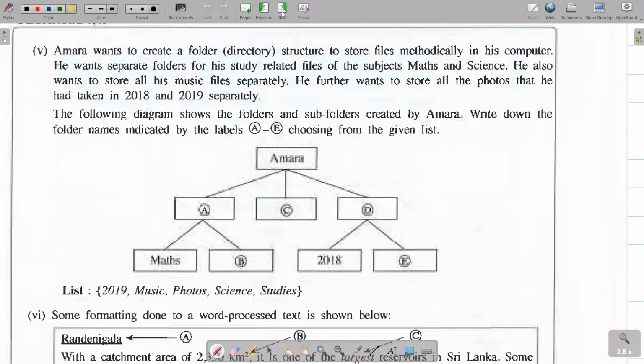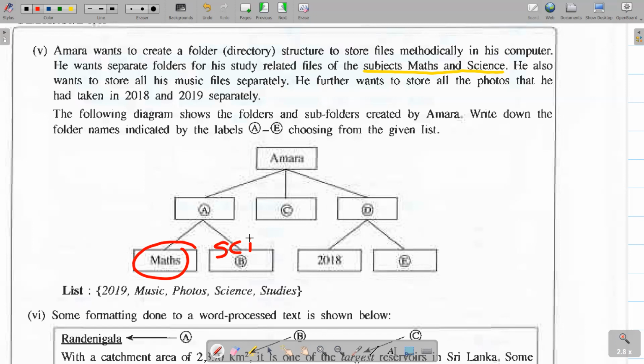Right. And here it says someone wants to create a folder structure to store files methodically in his computer. He wants to separate folders for his study related files of the subjects maths and science. So from there, you can code the answer. If this is maths, this is going to be science.